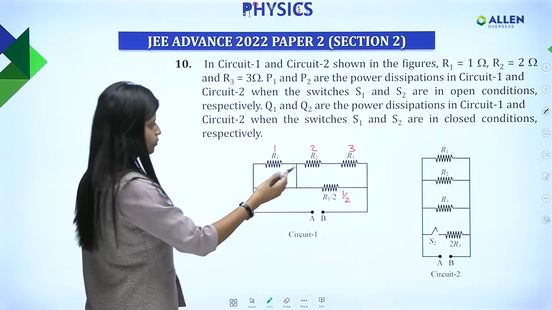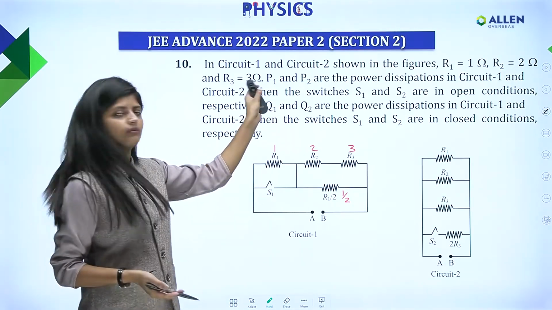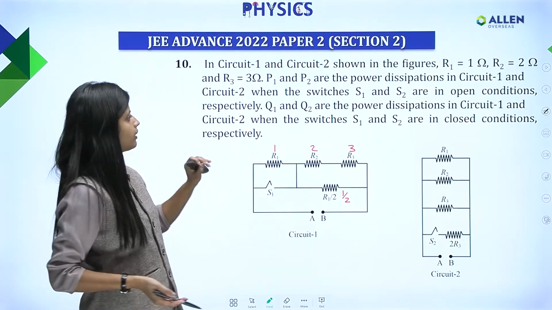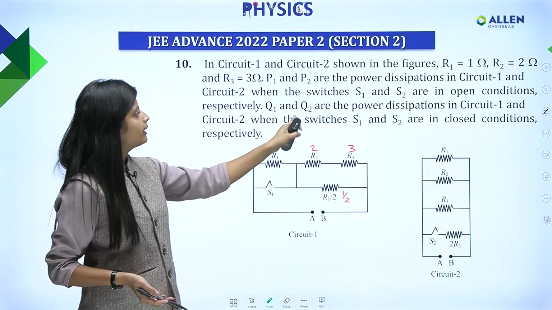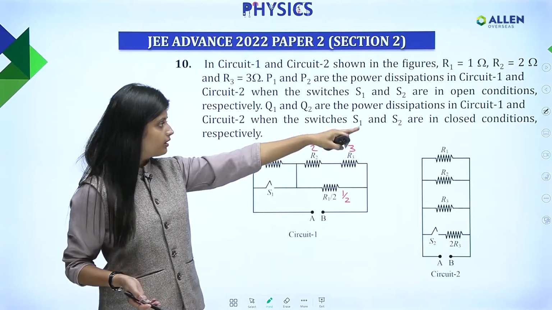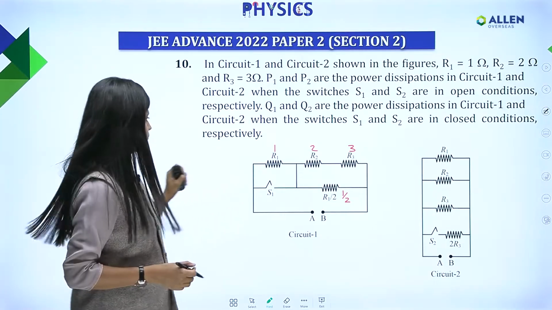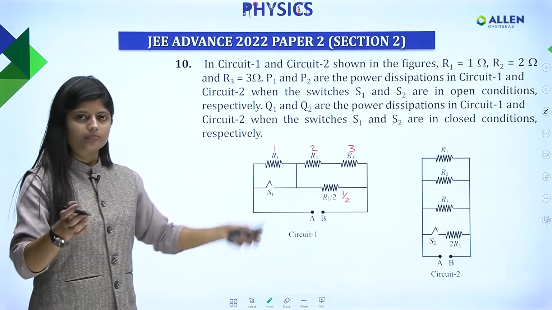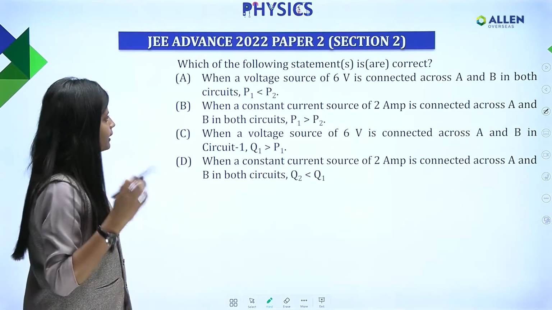And Q1 and Q2 are the power dissipations in circuit 1 and 2 when the switches S1 and S2 are in closed condition. So you have to select the correct alternative.